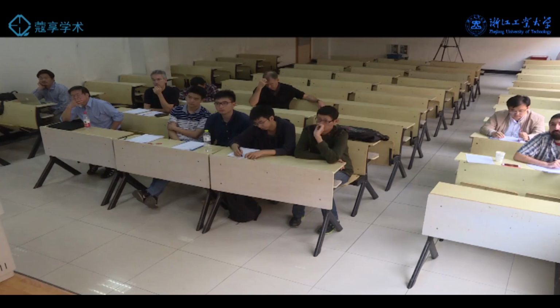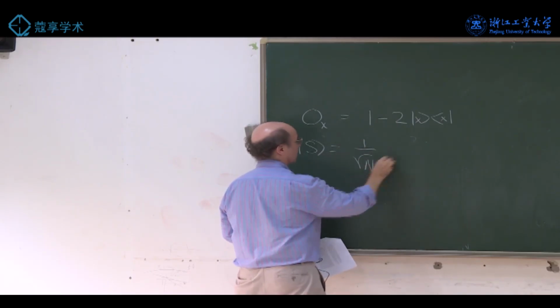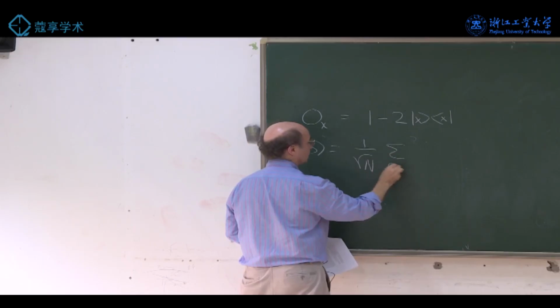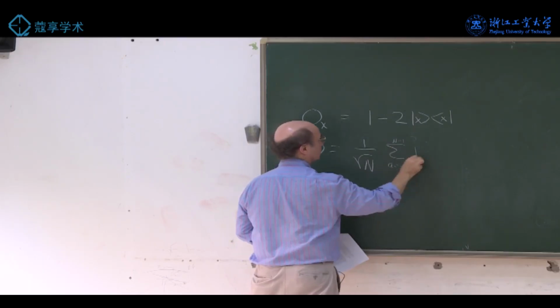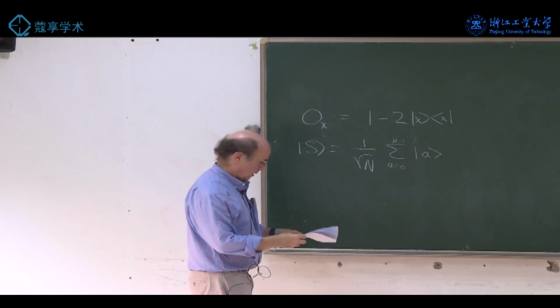And we have our reference state. Remember, I just want to recall what we've got. Square root of n of the number states.